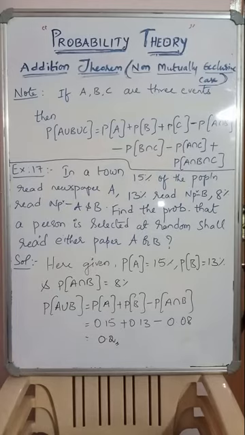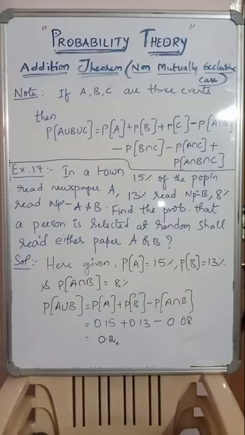P of A is given, P of B is given, as well as P of A and B is given. Then A or B calculation, which is non-mutually exclusive case: P of A plus P of B minus P of A intersection B. So substitute those values, 0.15 plus 0.13 minus 0.08. You'll be getting the answer 0.2.